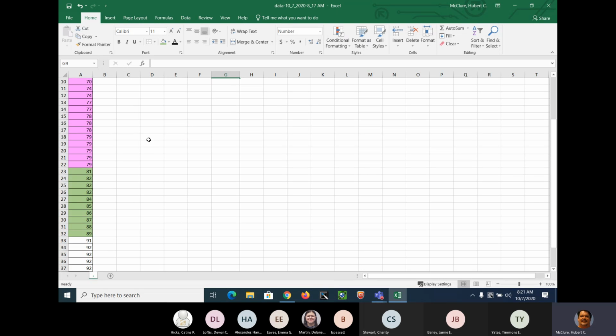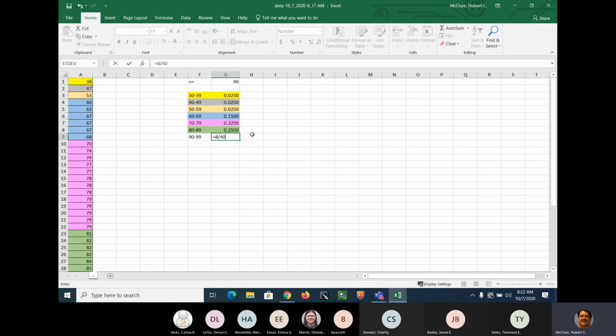And the last one we'll leave as white. 1, 2, 3, 4, 5, 6, 7, 8 equals 8 divided by 40.